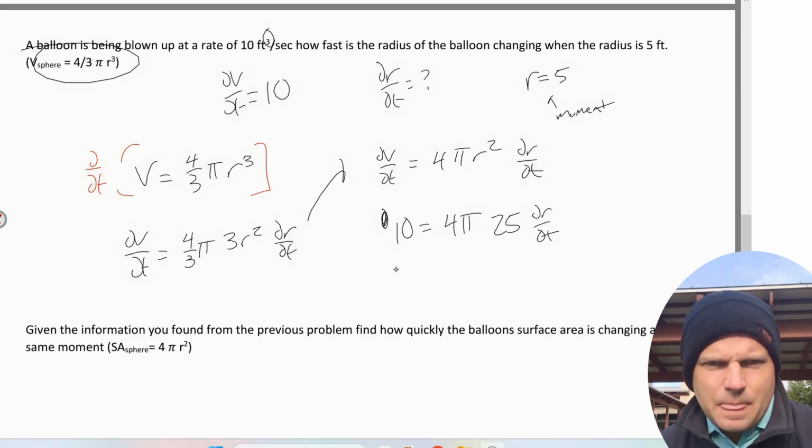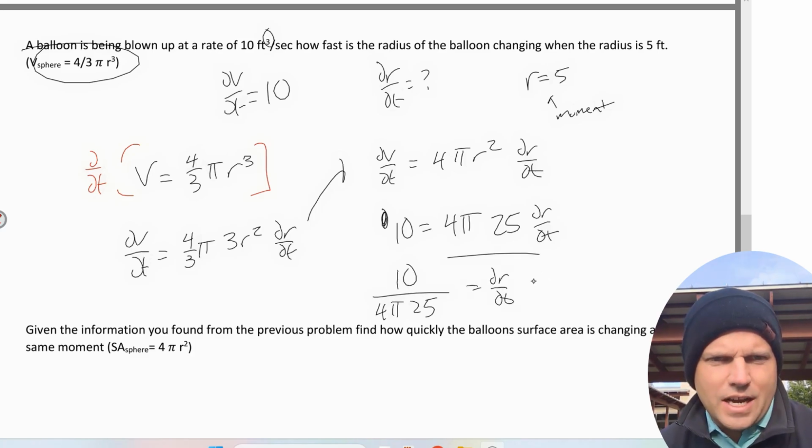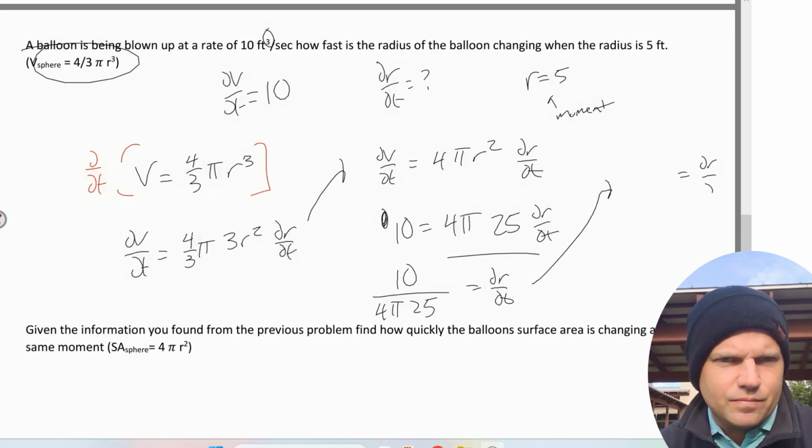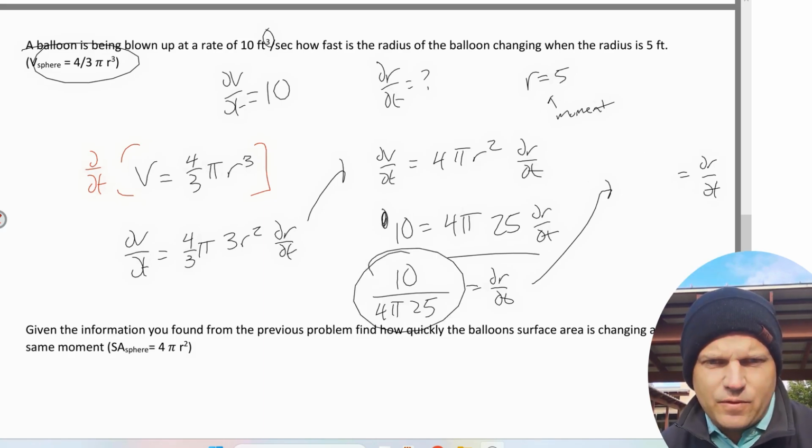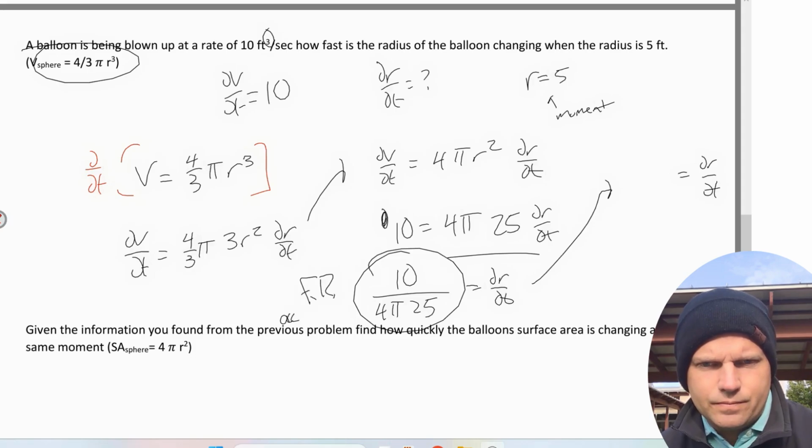Divide by 4 pi and 25. A lot of you like to simplify these numbers, but watch how I'm not going to simplify until the end, if you even need to. This is honestly left for free response. This is totally acceptable.